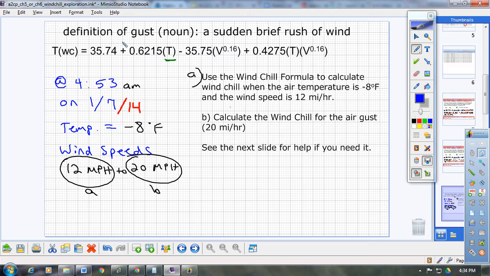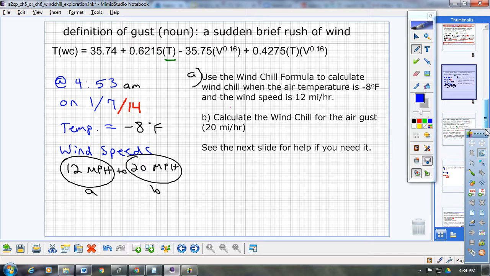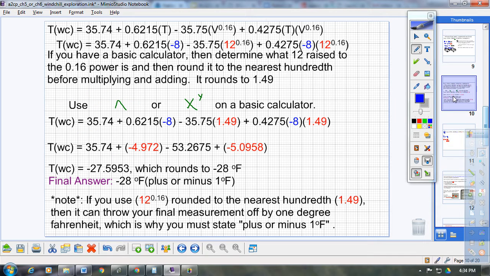I do have the definition of a gust here. Sometimes you'll see a G after one of the wind speeds, and that just means it's gusting up to that point. And that might factor into, will we have school? You might use that as an argument for not having school, because that will make the wind chill feel colder.